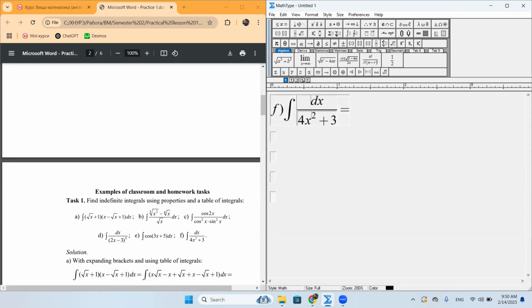This integral is similar to the integral of cotangent, the antiderivative is the following.